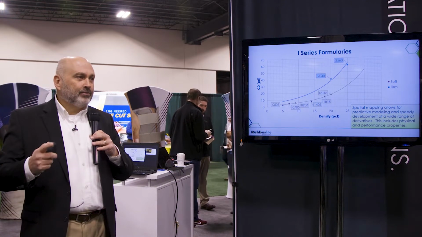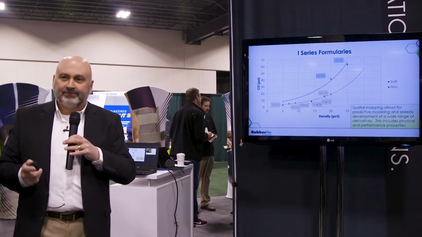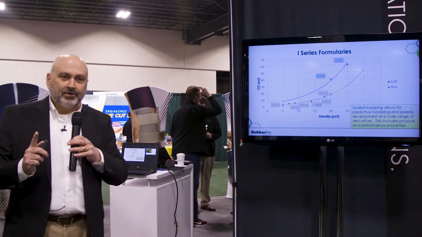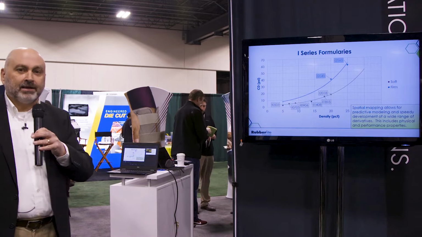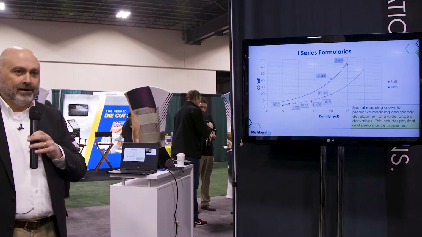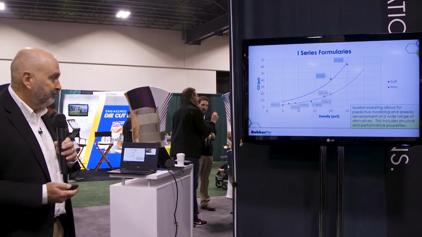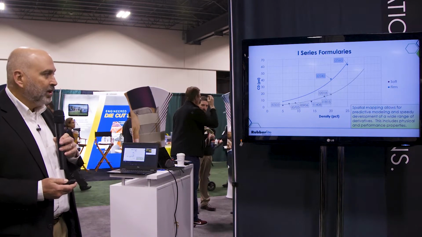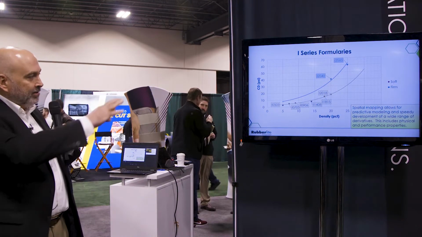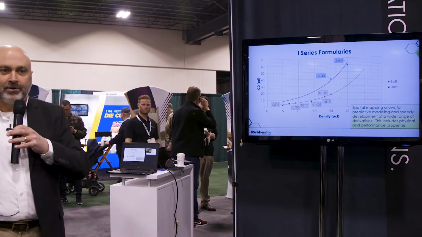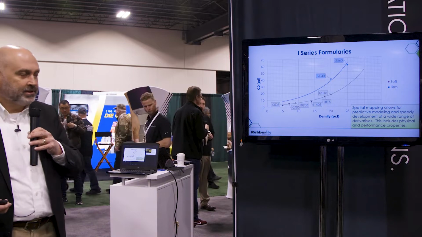That gives you a broad range of application opportunities with the same technology, the same chemistry. So it protects you in terms of things like product stewardship and durability and market exposure. We call this spatial mapping. So when you understand the empirical models, you can predict most of what you're going to make for new opportunities.